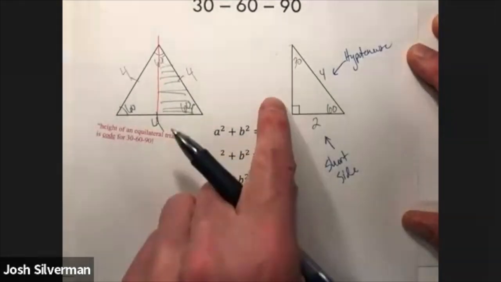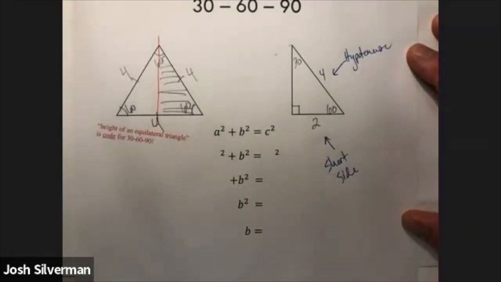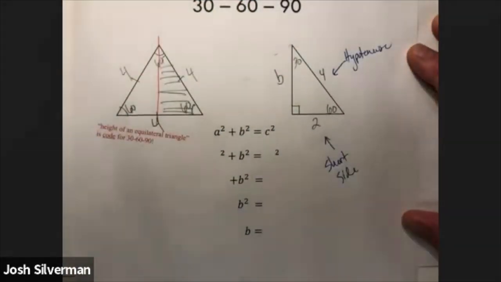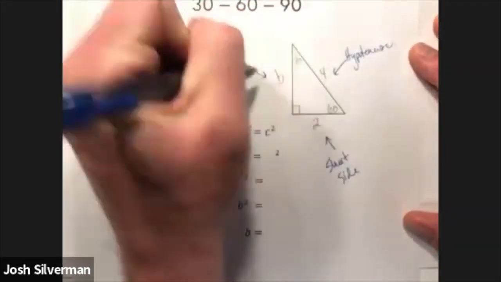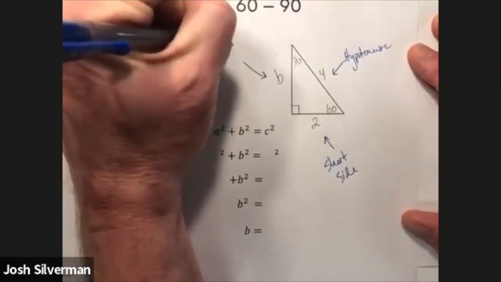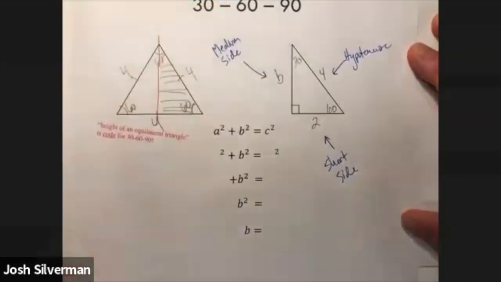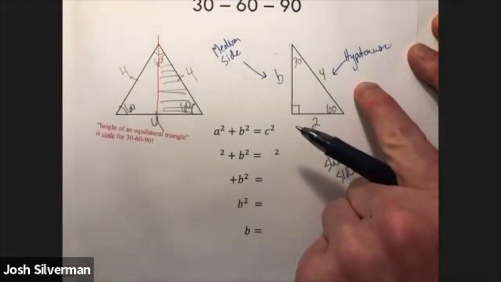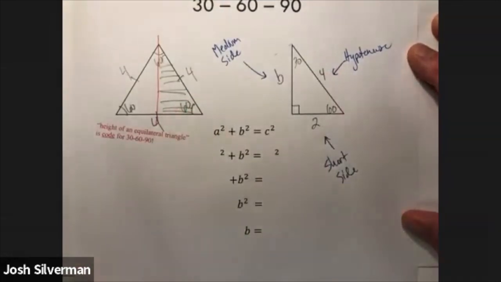And then this piece right here, the one that we're trying to find, we'll call it B. I call that side the medium side. The short side, the long side, the hypotenuse, and the medium side.